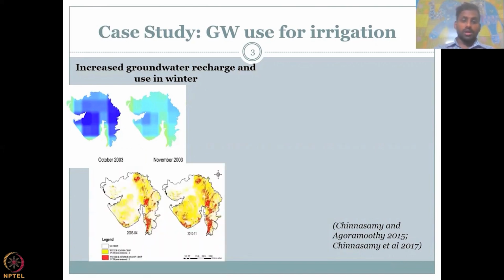So in this study, the researchers Chinnasamy et al. looked at how the groundwater use was in the Gujarat region, and they found that there is abundant groundwater recharge in Gujarat, mostly when the dam structures and canal irrigation network was introduced. Because wherever the canal is going, there is a lot of recharge happening.